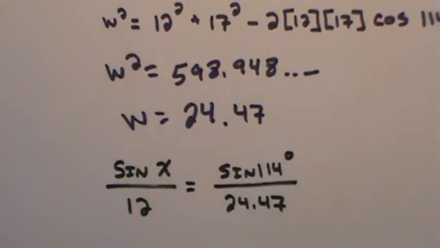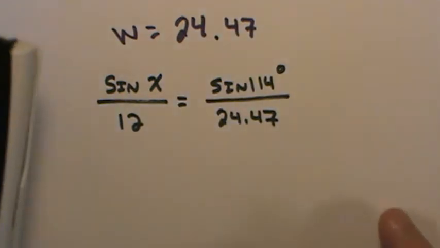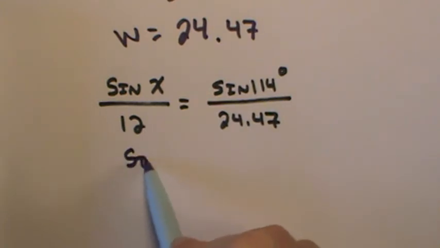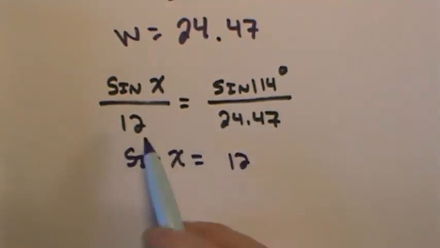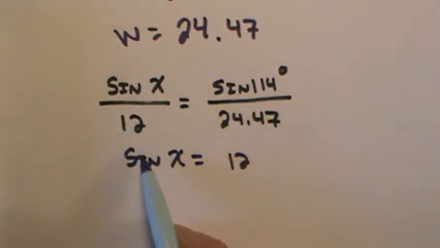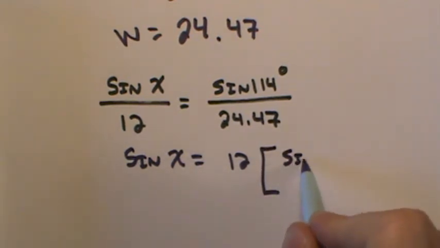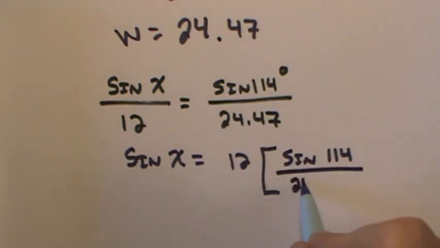Now I did something similar to this on the introductory video. What I want to make sure I'm being clear about, when you are solving this, please make sure you're leaving all of those decimals in there. So I'm just bringing that 12 up in this ratio, leaving the sine by itself. So it's 12 times the sine of 114 over 24.47 and change.